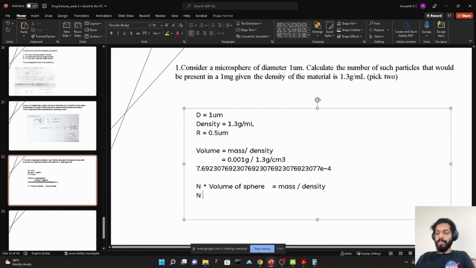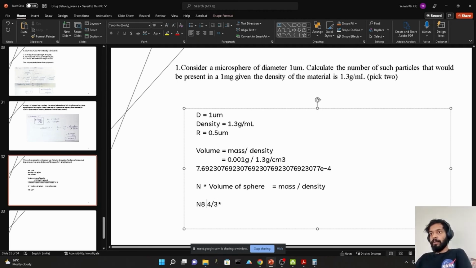So N into 4 by 3 pi r cube, with r equal to 0.5.